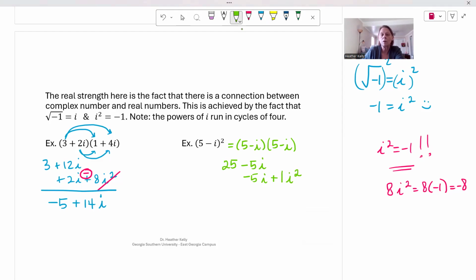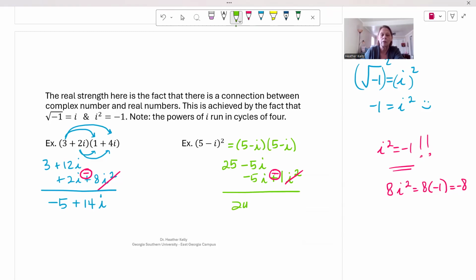Now, I wrote that 1 there on purpose, not because I don't know that i squared has an implied 1 in front of it, but because when I do my little trick and I cross this off and change my sign, I don't lose that minus 1. That happens a whole lot. So I wanted to point that out here.